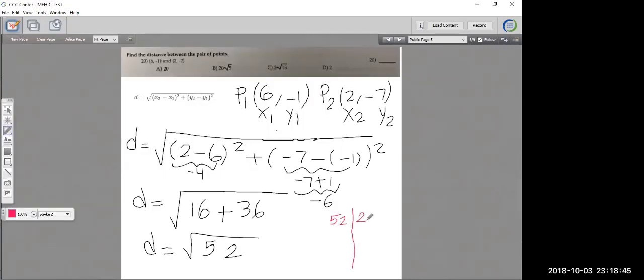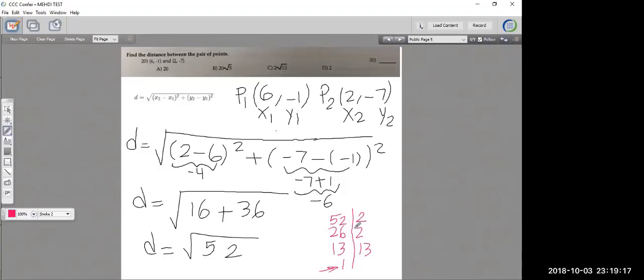If I divide 2 into 52, half of 52 would be equal to 26, right? So I would write 26 here, and you divide 2 into 26, that gives me 13. 13 is prime, so 13 goes to 13. Once you get 1 here, it's done.